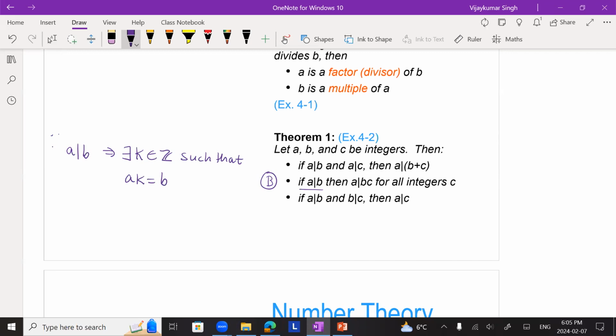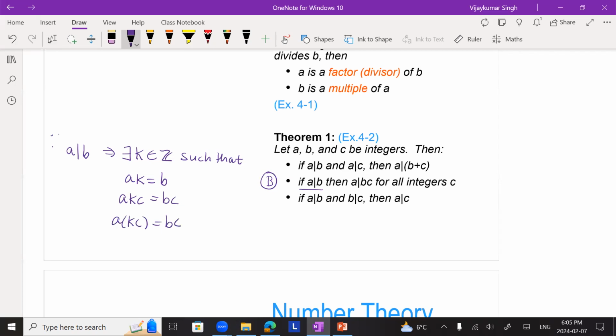So let's see how BC looks. Multiply both sides by C, you get BC equals AKC. Then you have A times KC equals BC, right?